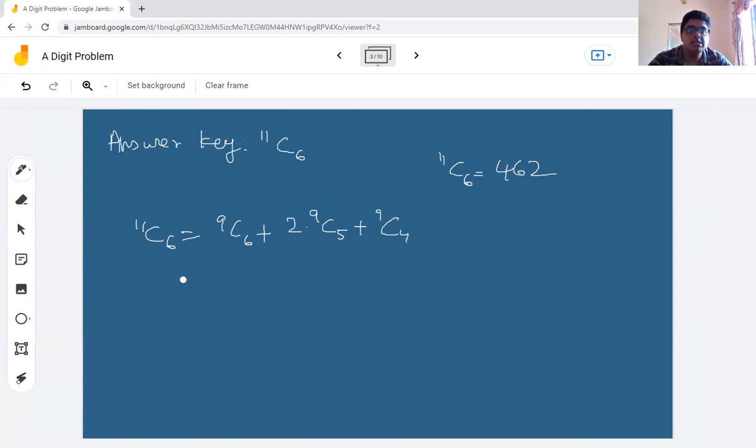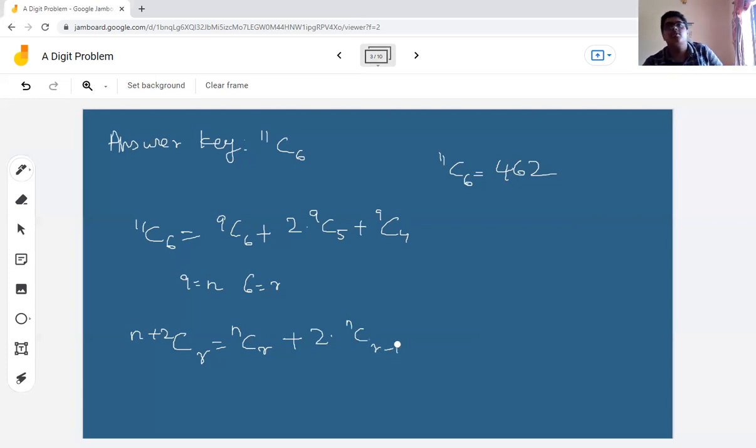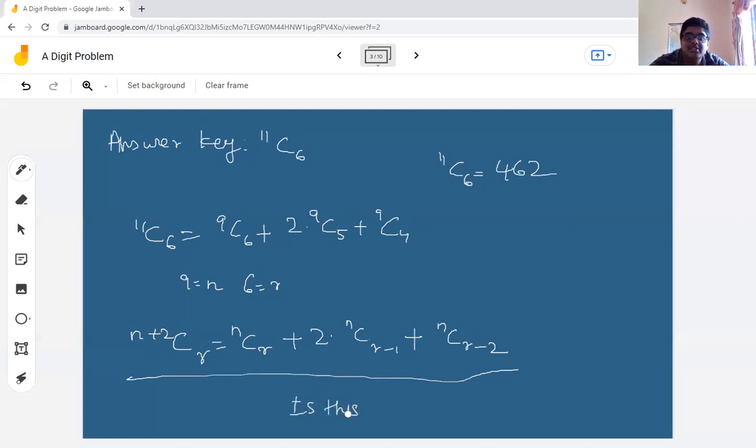If I consider 9 to be n and 6 to be r, then 11 becomes n plus 2, and the expression becomes n choose r plus twice n choose r minus 1, because 5 is 6 minus 1, plus n choose r minus 2. So I asked myself this question: is this a correct result?